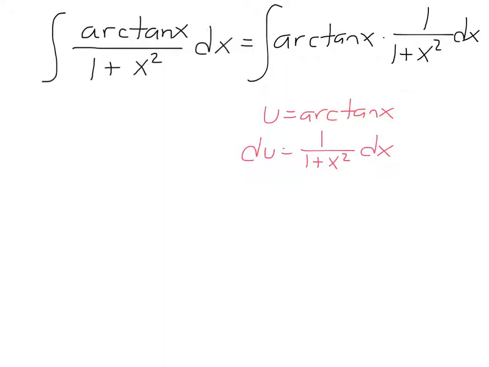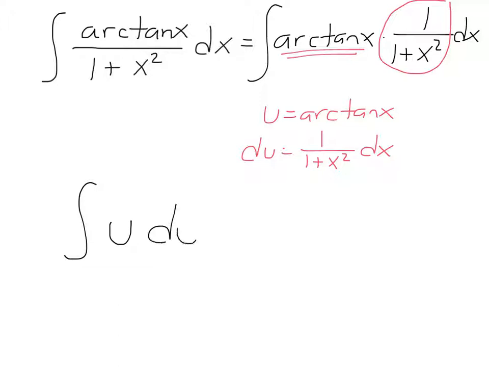That is our u substitution here, because again, if that is my u, this is the derivative of u, which is the pattern we're looking for when we do u substitution. And so when I substitute things out, the arctangent gets replaced with a u, and 1 over 1 plus x squared dx is exactly du. That is a very nice integral.